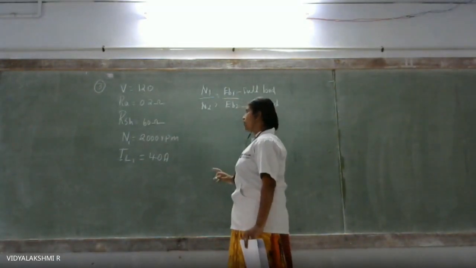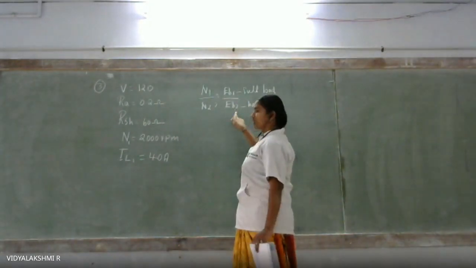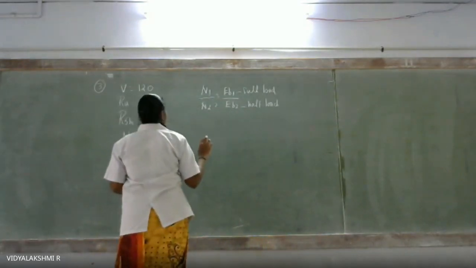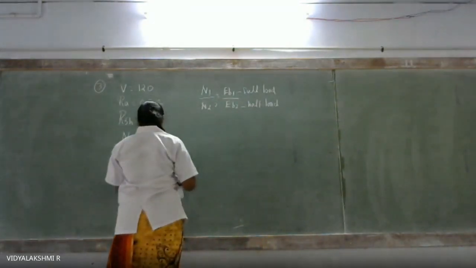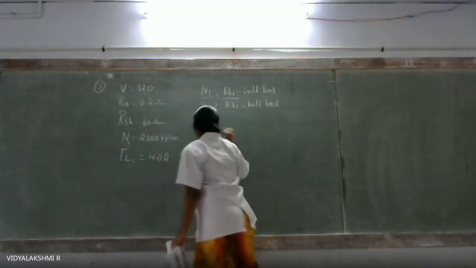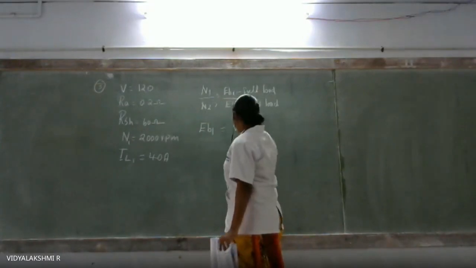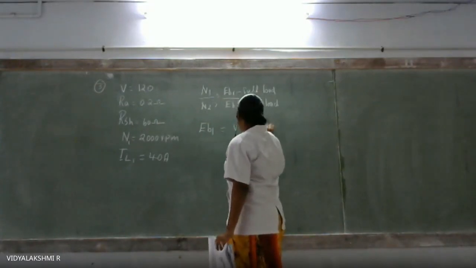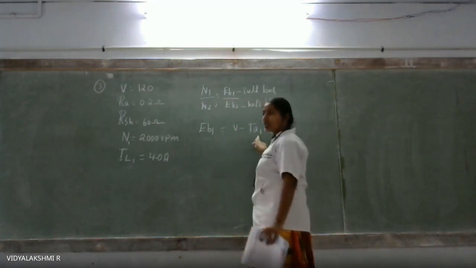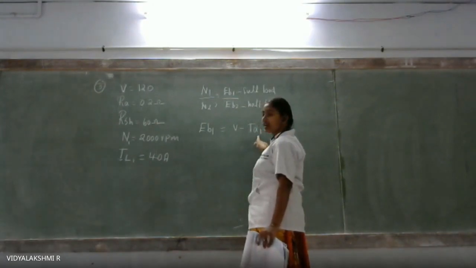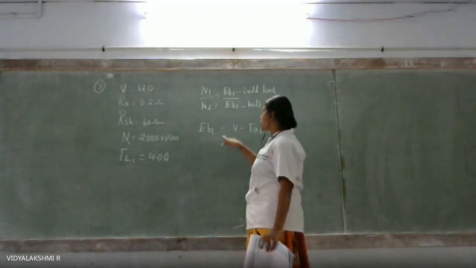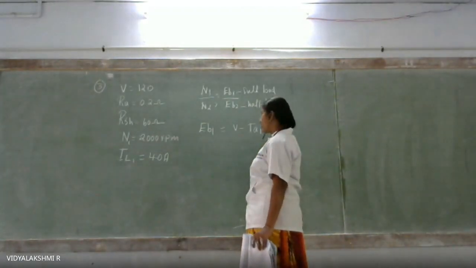Now I'm going to find out EB1 and EB2 with respect to another formula. What is the formula for EB1? EB1 is equal to V minus IA1 into RA, because every time only my armature current varies, so you have to consider IA1. For the other case, EB2 is equal to V minus IA2 into RA.